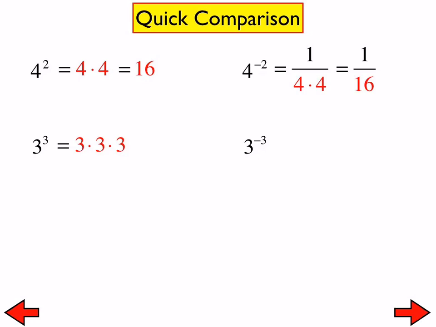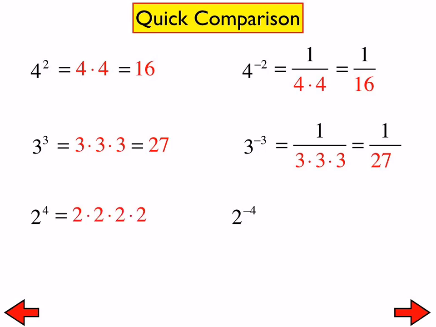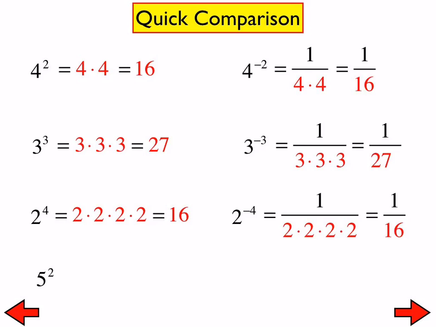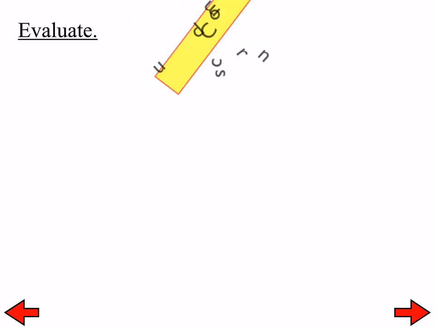Obviously, I'm going to ask 3 to the negative 3. What's 3 to the negative 3 power? 1/27. Good. And hopefully you see the relationship there. We already know 2 to the 4th is 16. 2 to the negative 4 is 1 over 16. What's 5 to the 2nd? What's 5 to the negative 2 power? 1 over 25. Okay? All right.